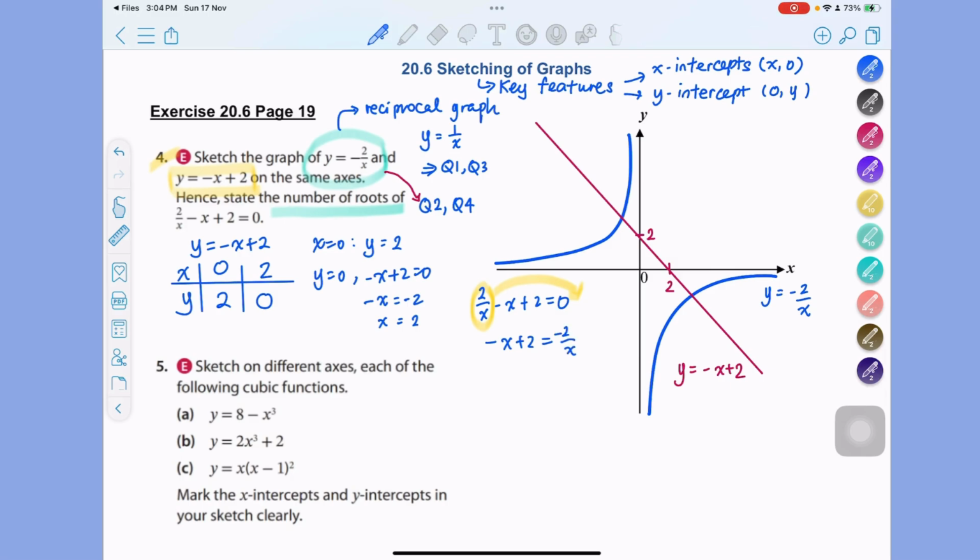These represent two different types of curve on the diagram. They want the number of roots, so basically they want you to state the points of intersection. How many points of intersection from the graph? From here, we know that there will be 2 roots. That is the final answer for question 4.